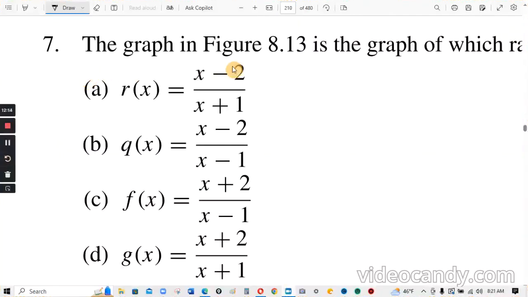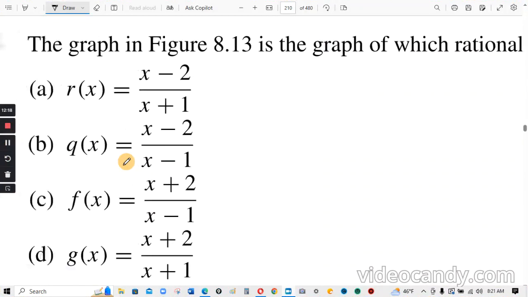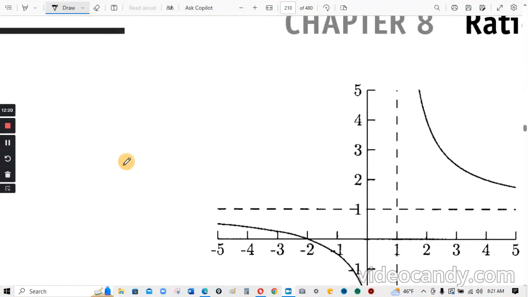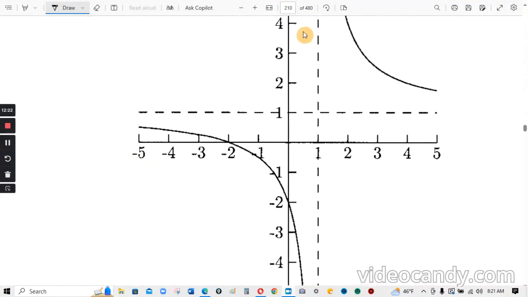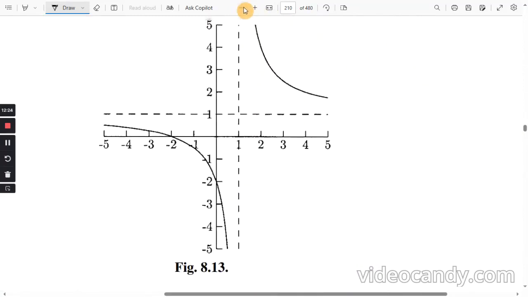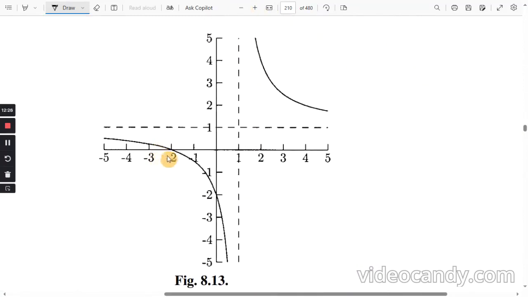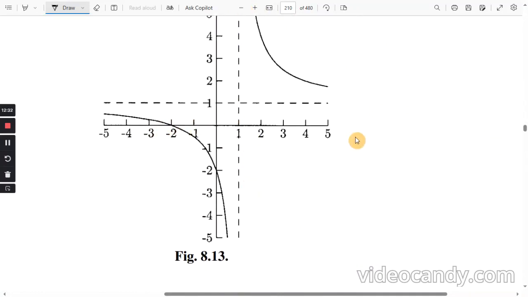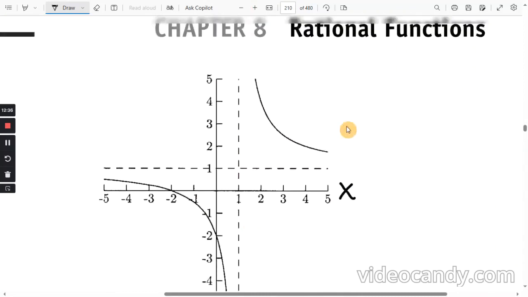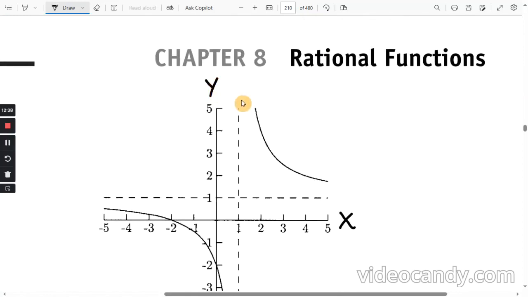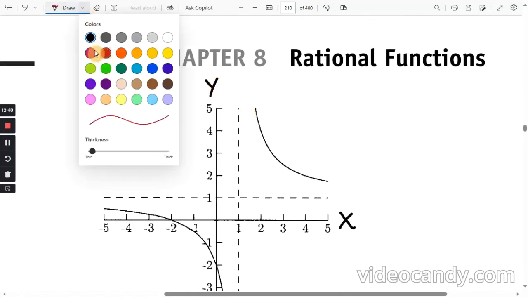Number 7, the graph in figure 813 is the graph of which rational function? Okay, so we can probably narrow it down with maybe an intercept and the vertical asymptotes. Just looking at the graph here, this is the x-axis, and this is the y-axis. And what's the equation of each asymptote?